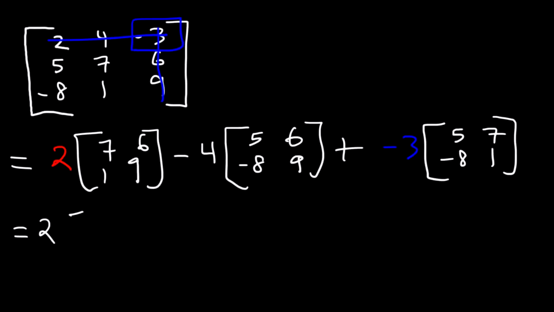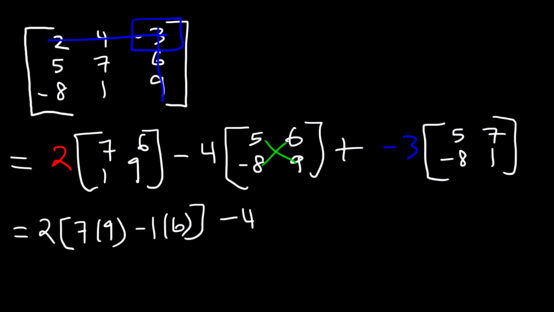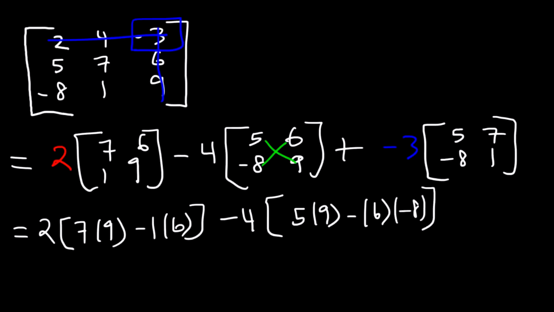So it's 2, and then it's going to be 7 times 9 minus 1 times 6. The next one's going to be 5 times 9 minus negative 8 times 6. So first we have a negative 4, and then 5 times 9 minus 6 times negative 8. And then we're going to have negative 3 times 5 times 1, which is 5, minus negative 8 times 7, which is negative 56.